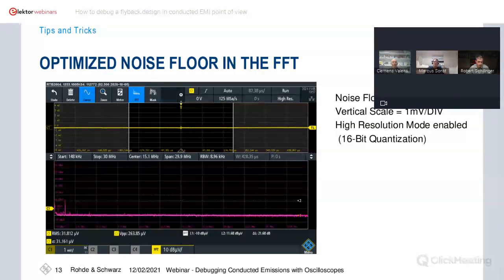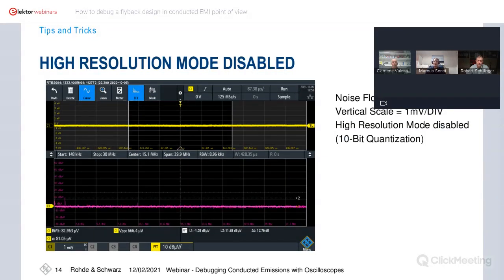The next thing I did was disable the high resolution mode, just to give you an idea what it means in terms of noise floor. You see it already in the time domain, but it's easier to see in the frequency domain, and we are now at minus 1 dB microvolt. It was just the high resolution mode disabled, so we now have the 10-bit quantization, which is the normal operation sample mode.